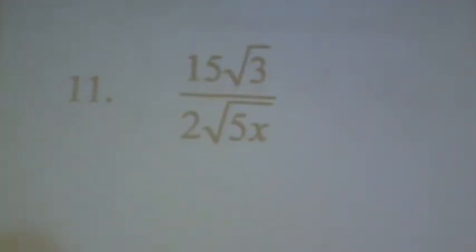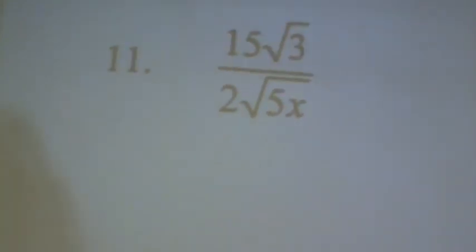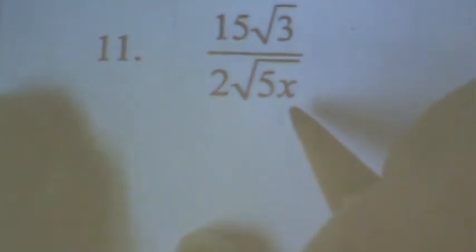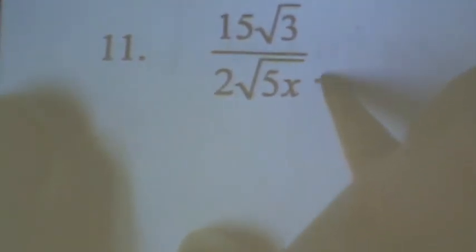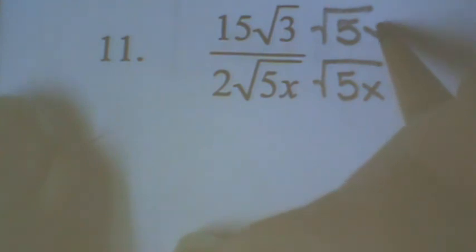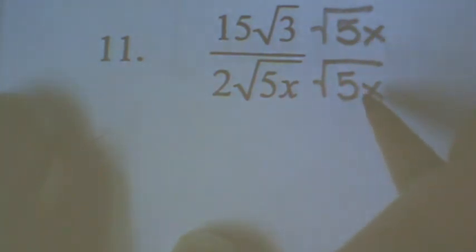Okay, number 11. 15 over 2 root 5x. What should we do with this problem? We should multiply by root 5x, because I don't want a radical in the bottom. So I'm going to multiply the top by root 5x.